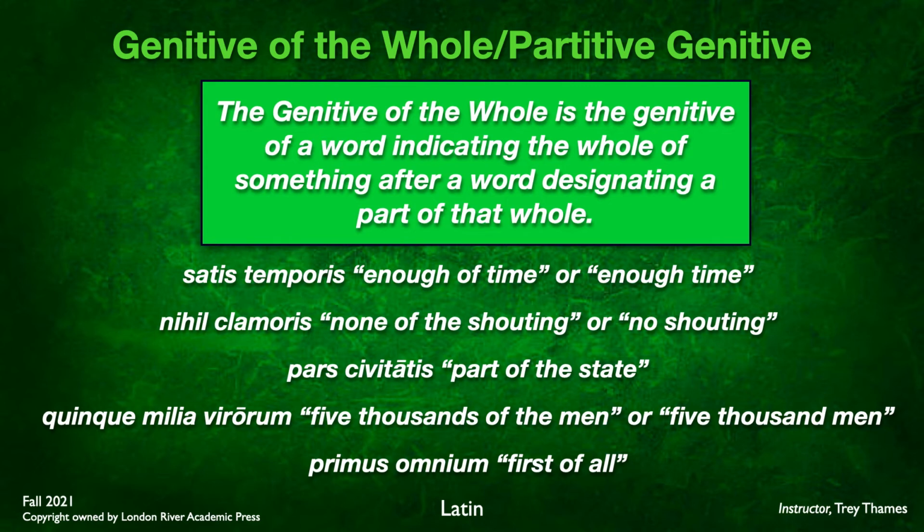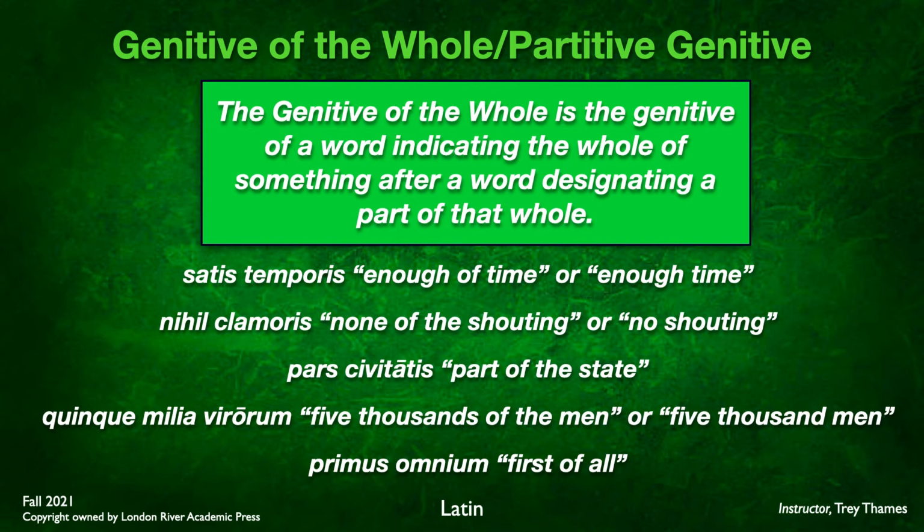Pars civitatis. Pars is part. That word is a portion kind of word. Civitatis, the genitive of civitas, state. So a part of the state. And then we can also use this form with numbers, like quinque milia virorum. Quinque is 5.